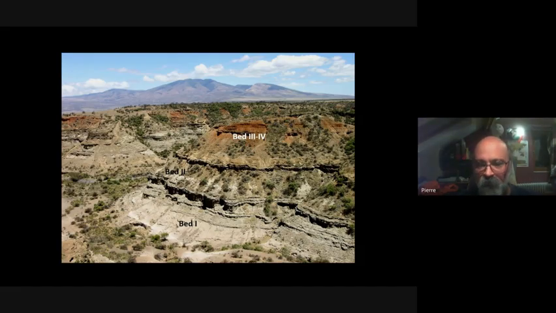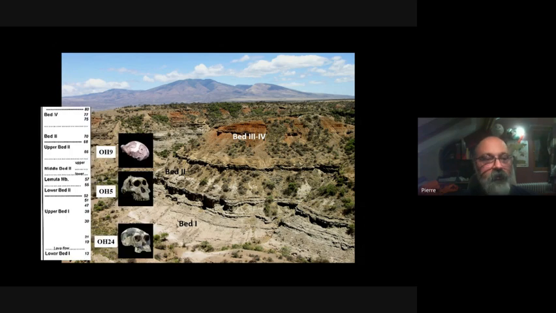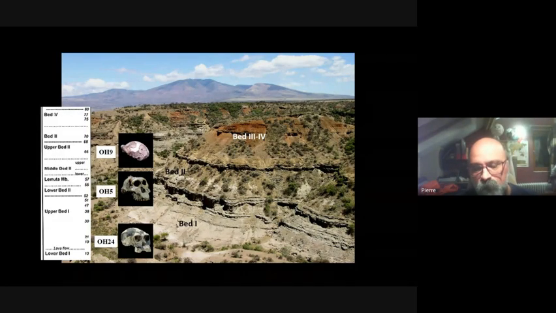For example, here we are in Turkana, and just this observation and understanding of the relation between the different levels allows us to classify and give a chronology, in a very large view, for some of the first representatives of our species, because different skulls have been found in different beds of these different geological steps.